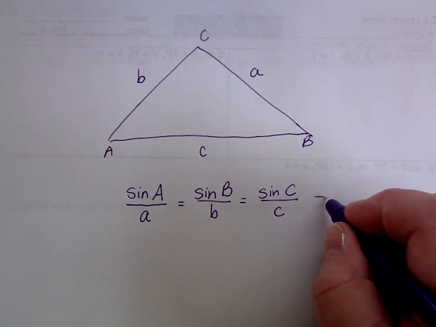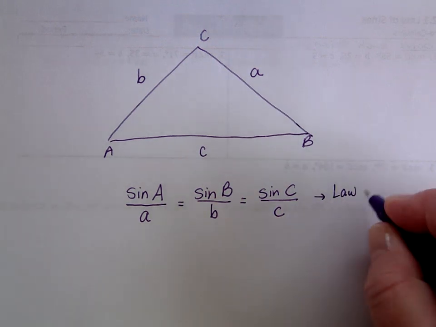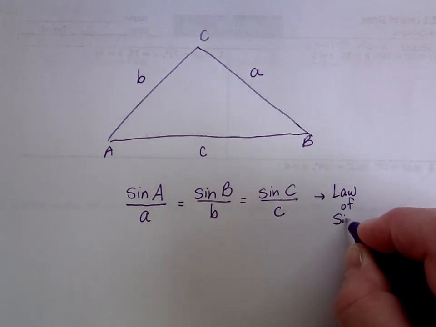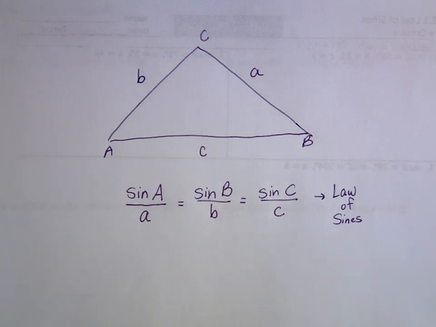This, my friends, is what's called the law of sines. There's a different formula you're going to use for the law of cosines, but this is the one that you want for the law of sines, which is this whole first section of Unit 12.